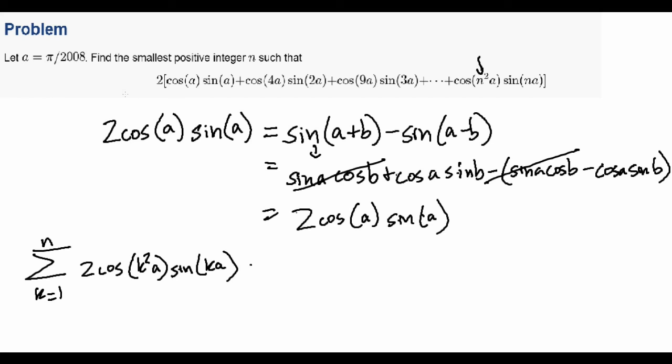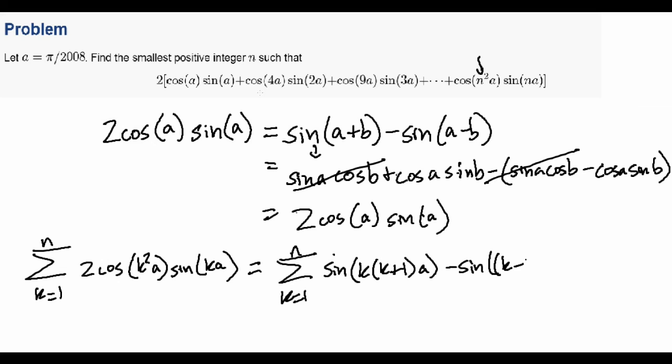Since we now know this identity, we can convert this into the summation from k equals 1 to n of sine((k plus 1)kA) minus sine((k minus 1)kA). Why is that?